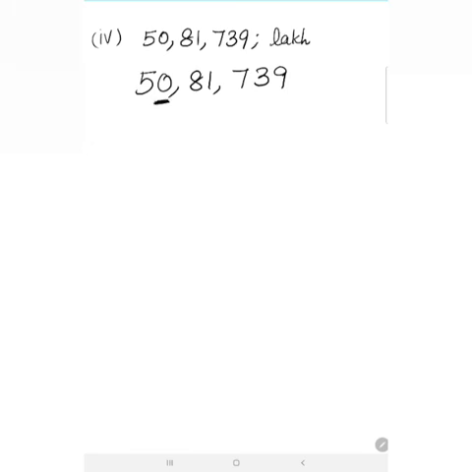Here the lakhs place is 0. See the ten thousands place, it is greater than 5. Isn't it? So you have to add this 0 plus 1. The answer will be 1. Then other things will be 0. So 5 as it is. The 0 becomes 1.